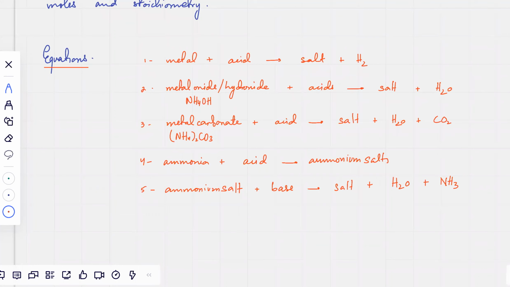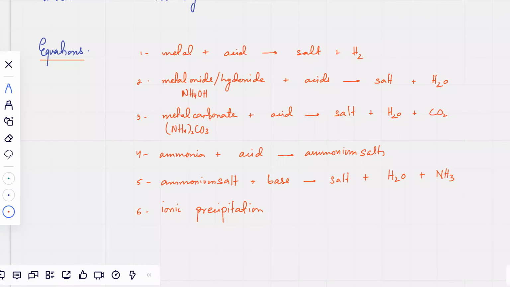Number 6, there was a reaction called ionic precipitation. Just don't get worried about this. I'm going to do each one individually. Just writing this so we can have a summary of the reactions that we have to cover during revision.